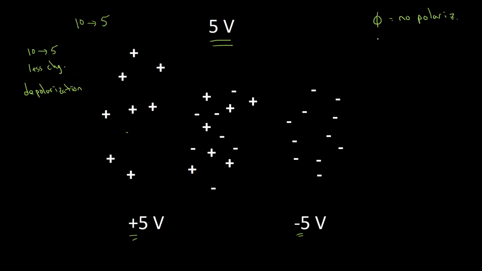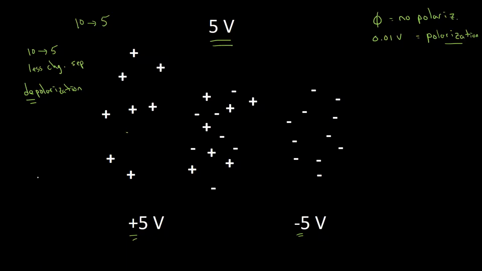The moment we get a separation of charge, 0.01 volts, a very small separation, now we have polarization. Polarization just means a separation of charge. When we're talking about changes, when we make it a smaller difference, less charge separated, that will be a depolarization.